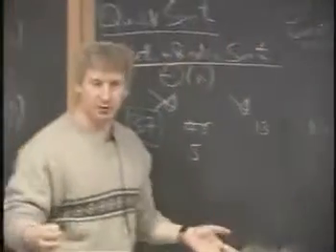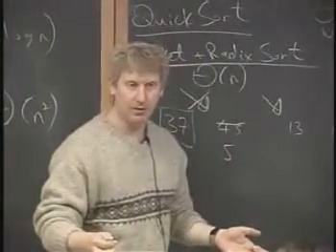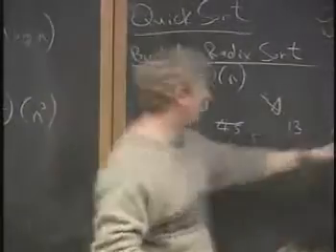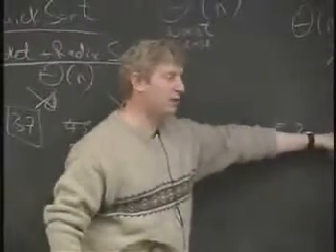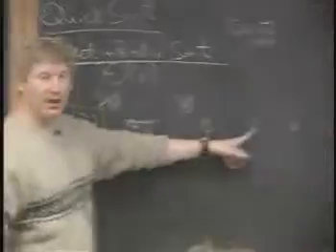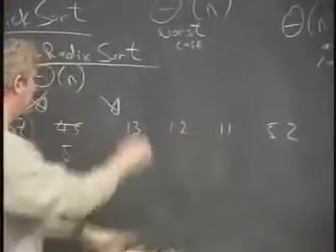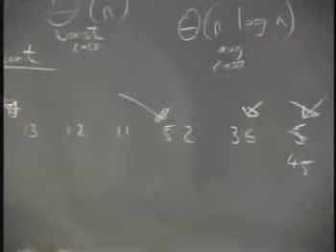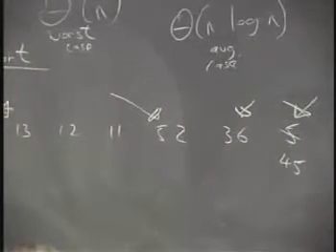In this case we're already there. This is in the wrong spot, but this is okay, and this is okay. So this guy moves all the way down to here, and now we're ready to do another swap.